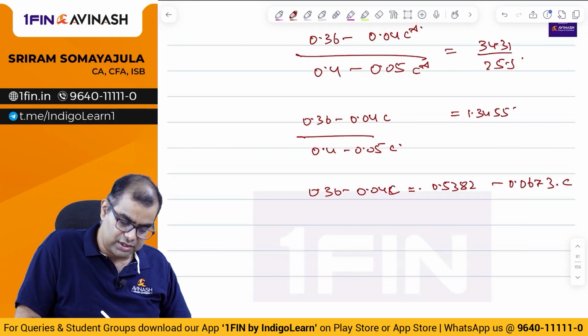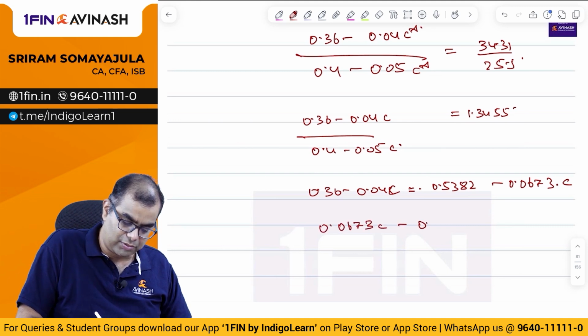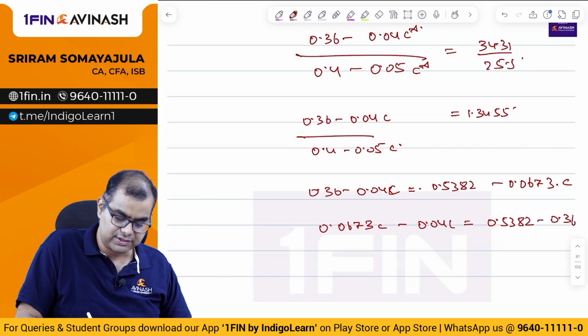So I will move all C's to one side. This is 0.04, this is 0.06. I will bring that here. 0.0673 C minus 0.04 C is equal to 0.5382 minus 0.36.